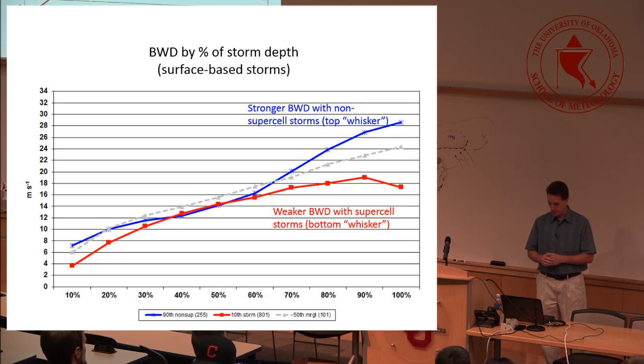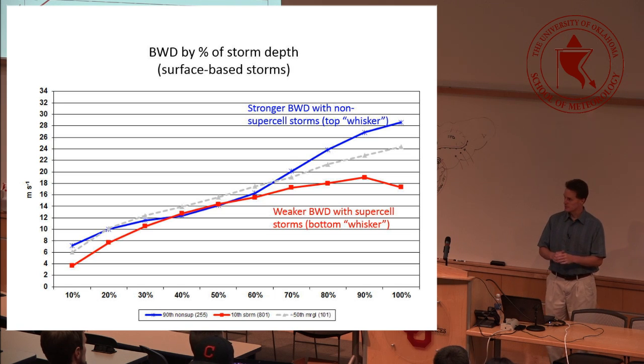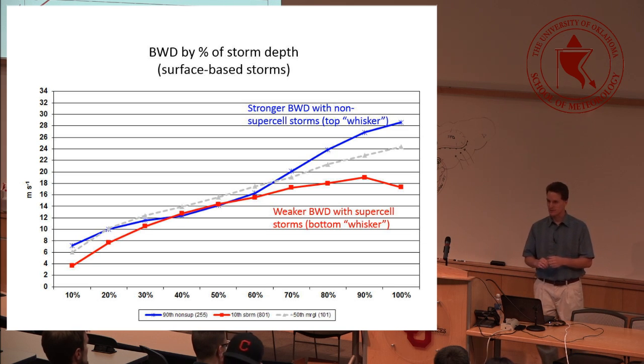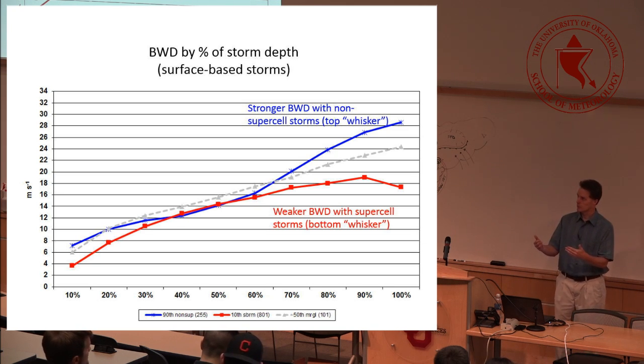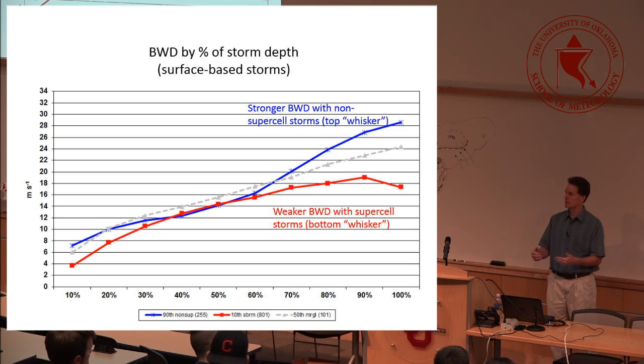Well, now what I have here, we've shown some box and whisker plots. If you think of these as plots connecting the dots of the top and bottom whiskers of two distributions. So the blue one is the 90th percentile of the non-supercell storms. So that's the high-end vertical shear associated with storms that were not supercells.